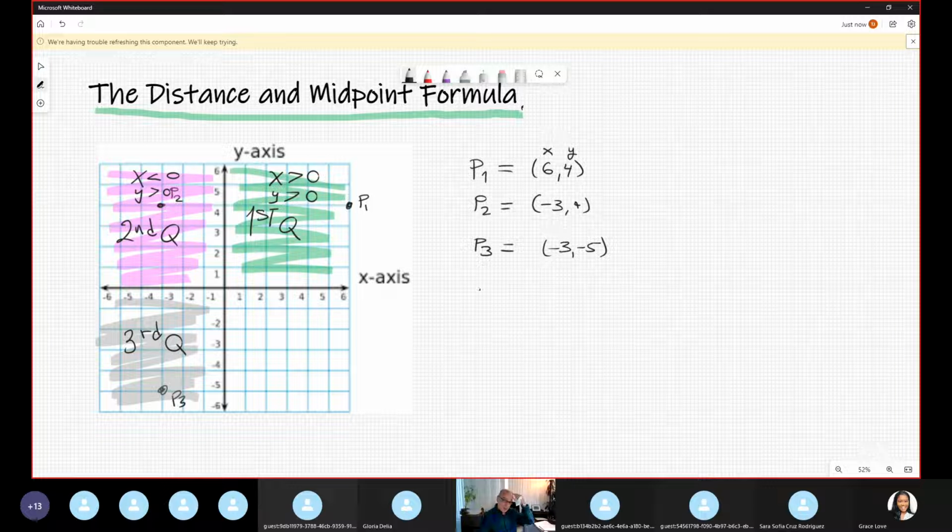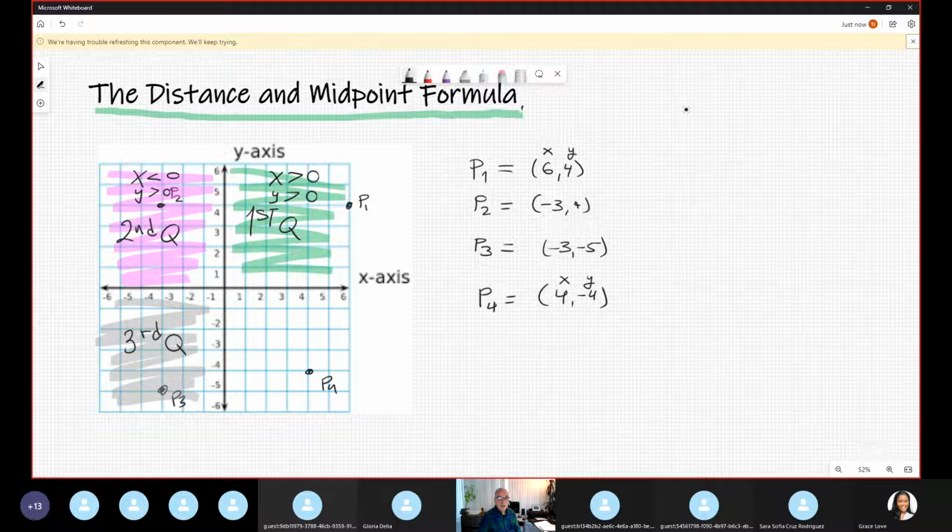And one more point, P4. P4 is positive 4, negative 4. The first component is x. Remember, it's an agreement. You have to respect this. (4, -4) is here, P4.